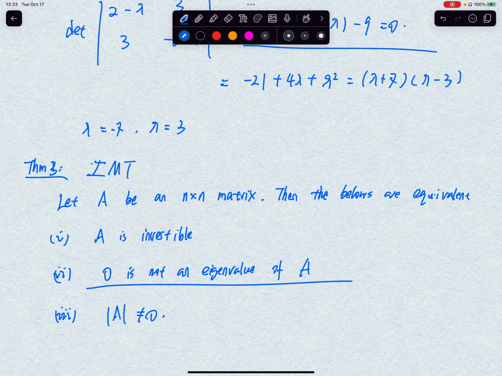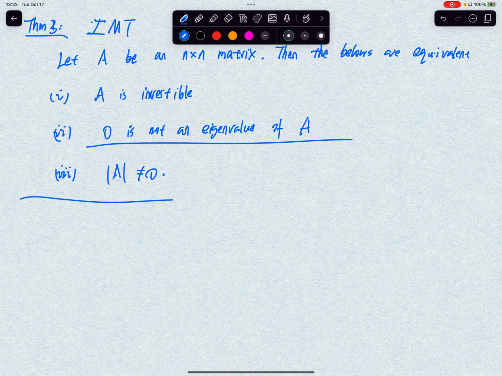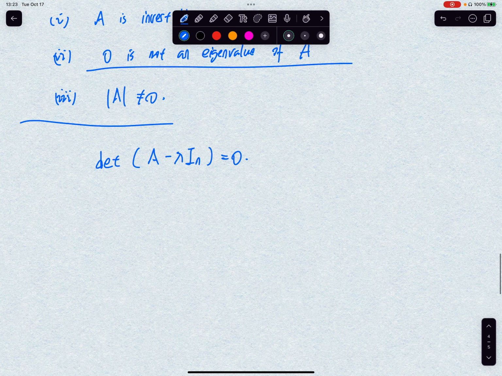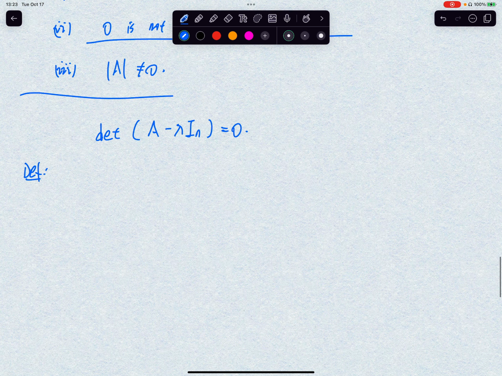And we see that a scalar lambda is an eigenvalue of an n by n matrix if and only if lambda satisfies the so-called characteristic equation, namely the determinant of A minus lambda I_n equals 0. So we shall define the so-called characteristic polynomial.